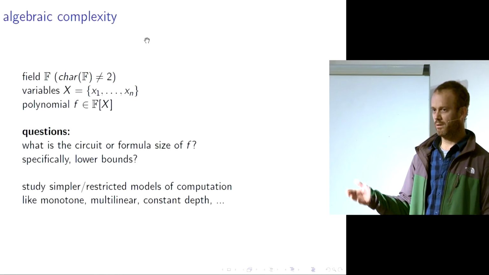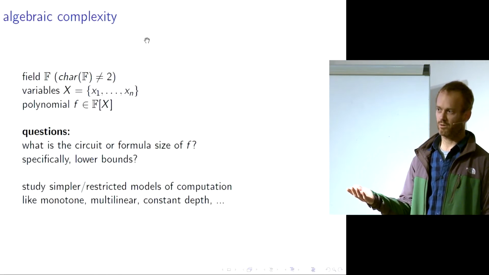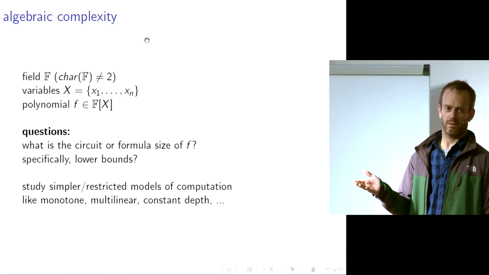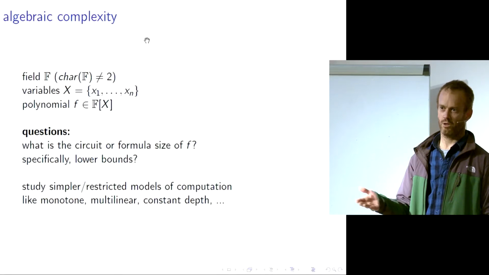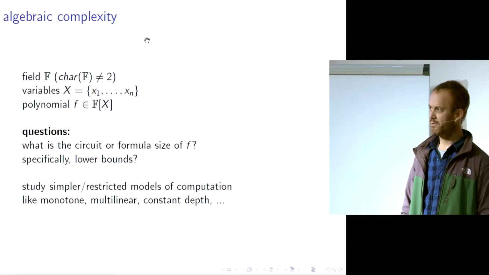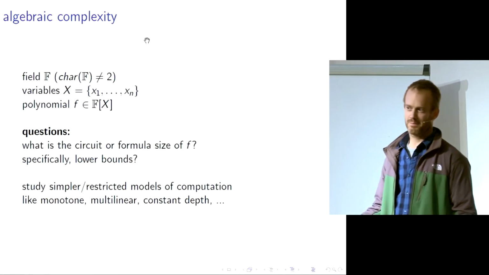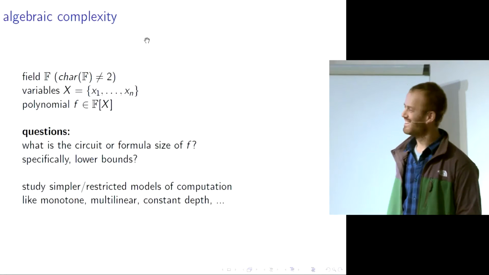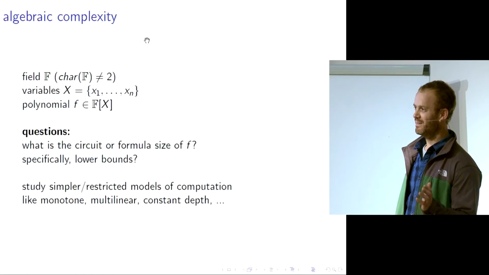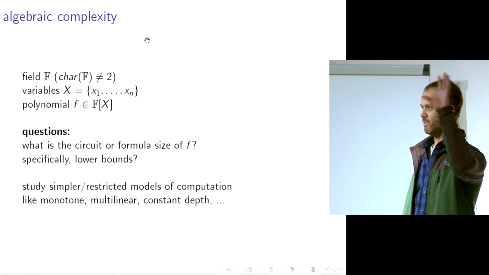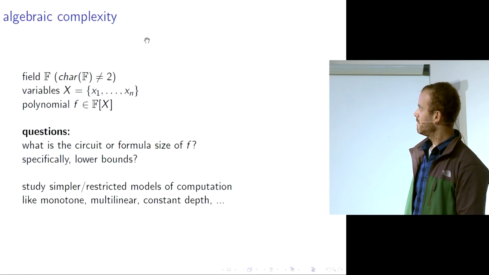So we try to answer simpler questions, like there are restricted models of computation, and we can try to understand them first. Okay, good. So this is the high level, what we want to understand.